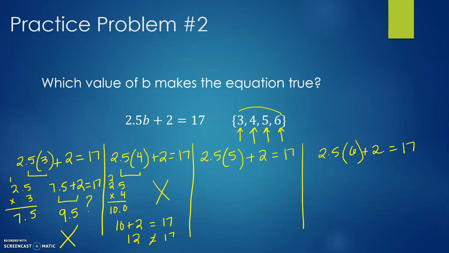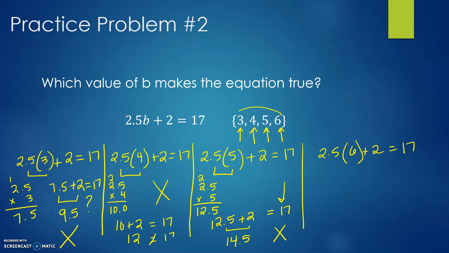Okay, let's try 2.5 times 5. Okay, that's 25. One decimal point. I'm getting closer. Okay, but that also does not work because 12.5 plus 2 is 14.5. And remember, I'm wanting to get 17.